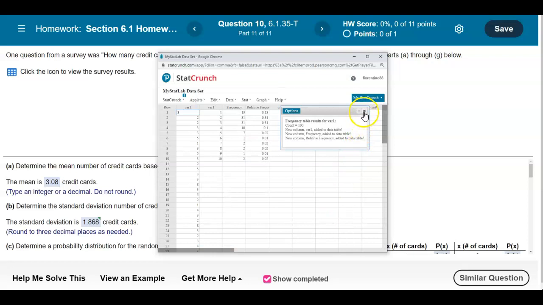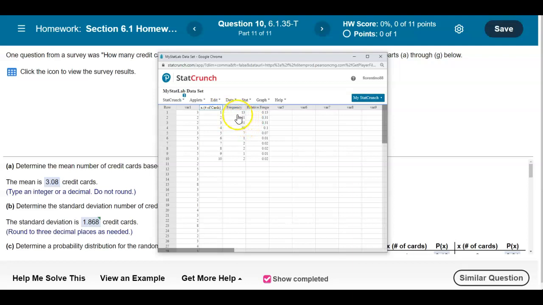So now we can see that we have our column. This represents our number of cards. We're going to name this X, which is the number of cards.